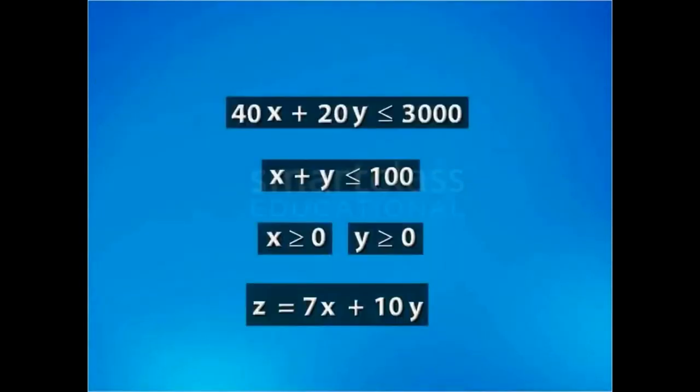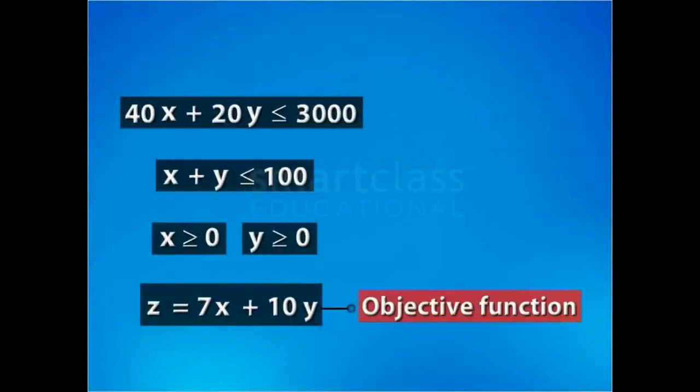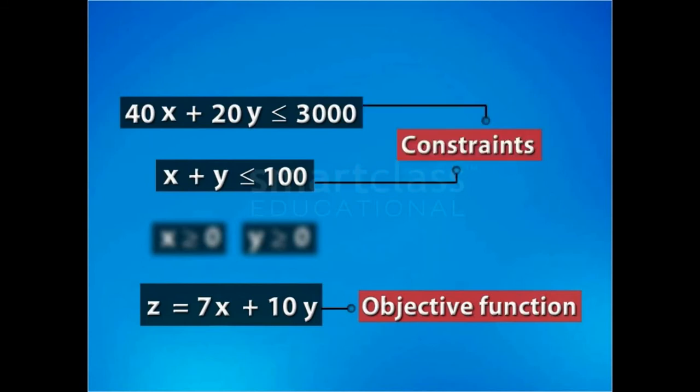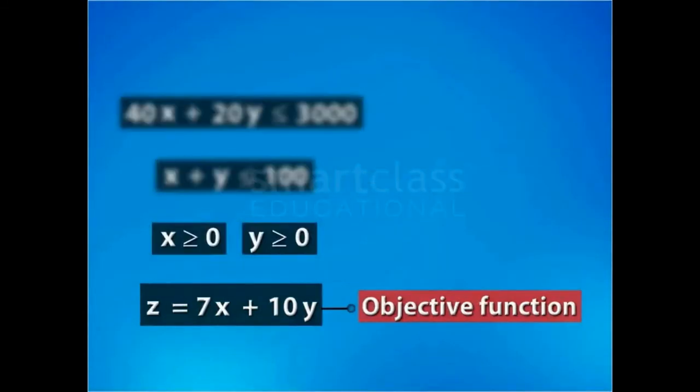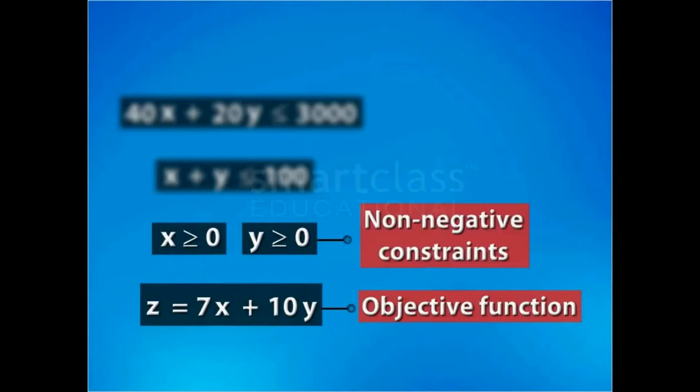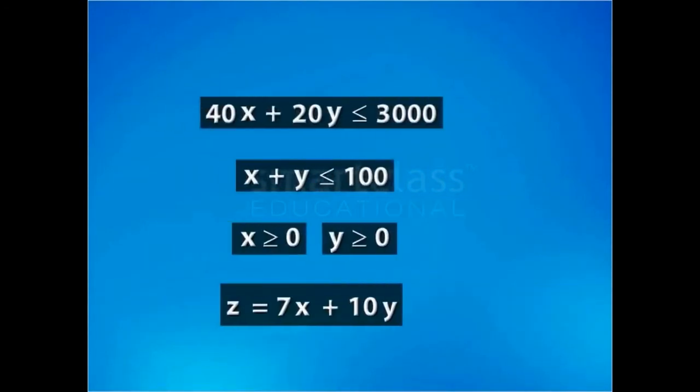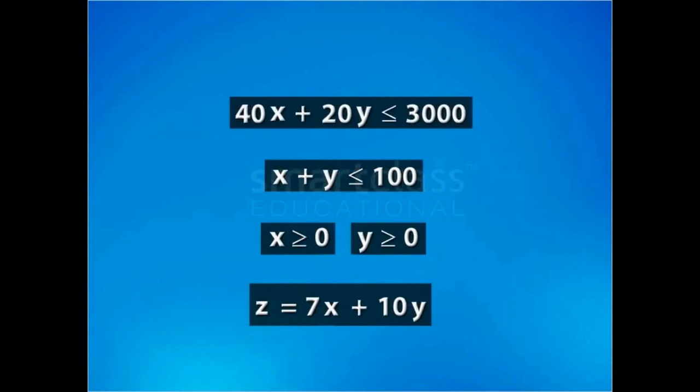We can see that the objective function satisfies some limitations represented by the inequalities. These limitations are called constraints. The inequalities that represent non-negative restrictions of the problem are called non-negative constraints. Now let us find the maximum value of z graphically.